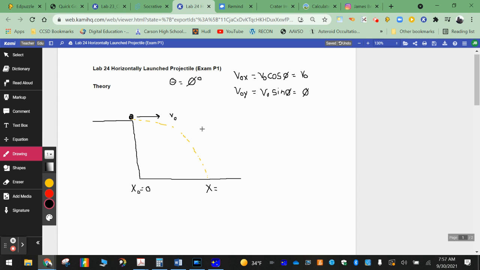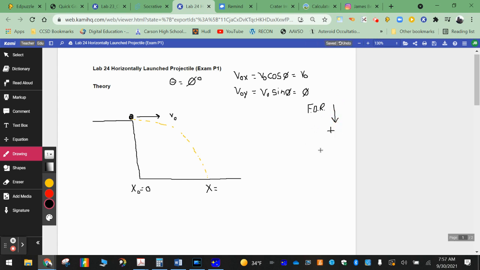Good. This is being launched horizontally, and so is this projectile going with gravity or going against gravity? With. For our frame of reference, the FOR, we will have going down be positive.